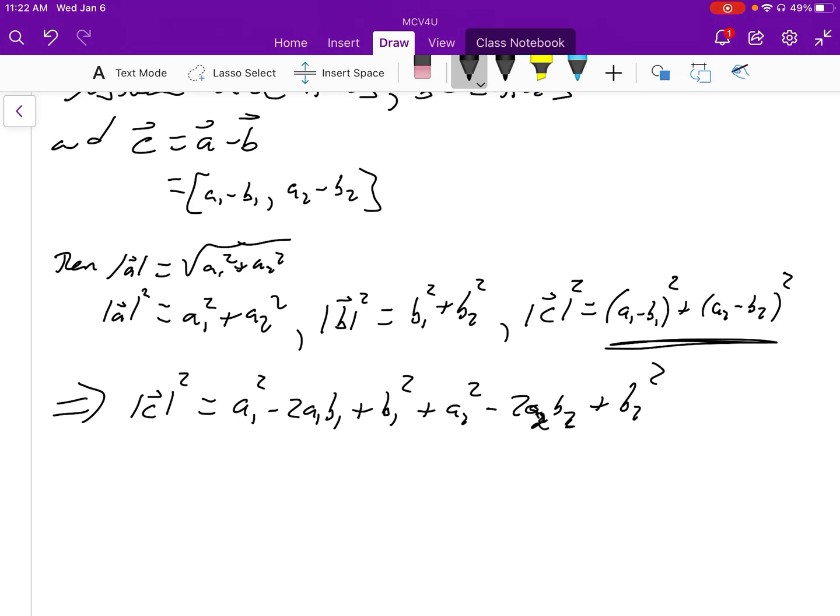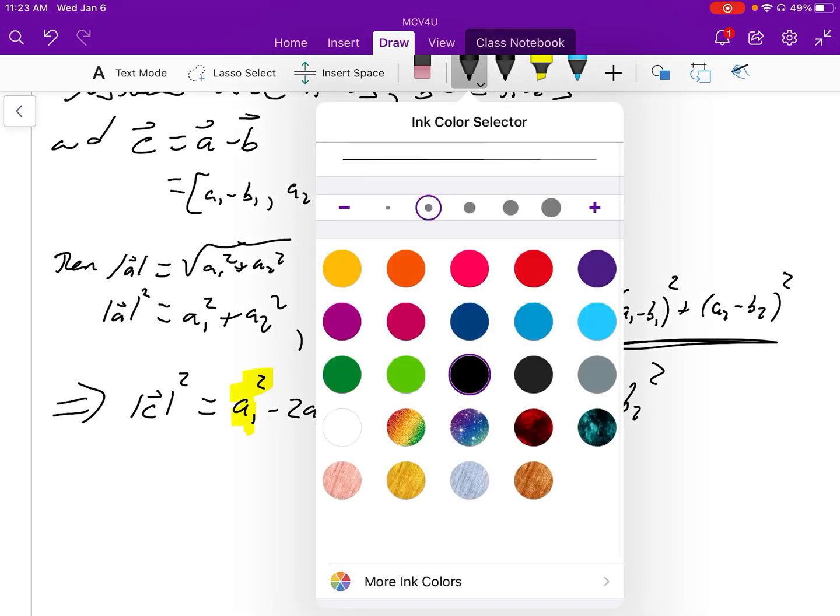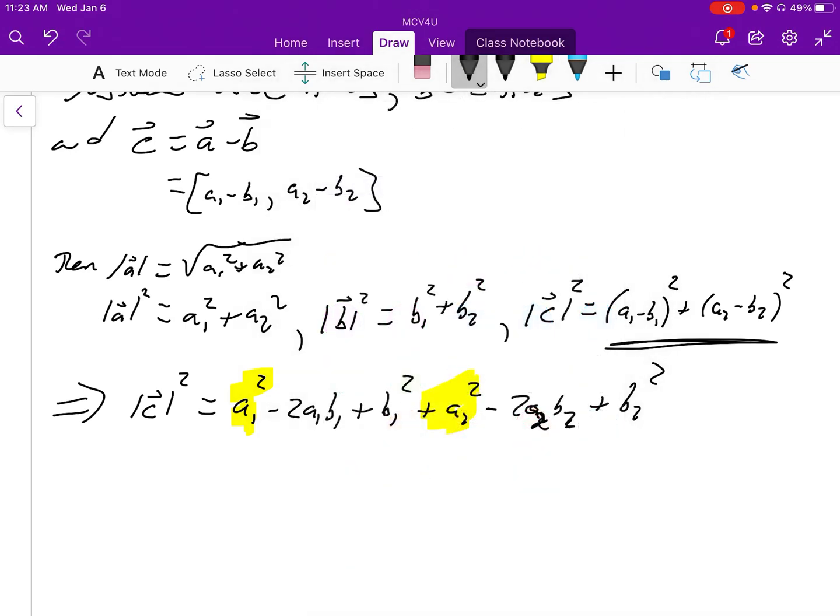Now, next thing we want to do, let's take a look, and I'll just do some highlighting here. A1 squared plus A2 squared. Notice that that is the magnitude of A, right?